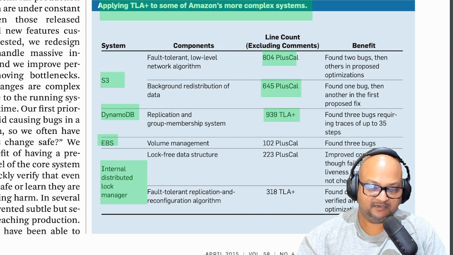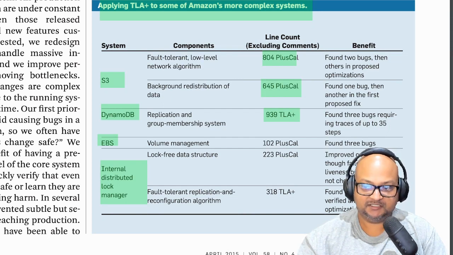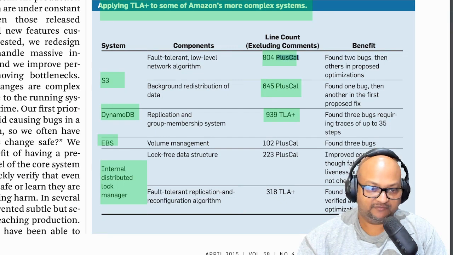Here we see a table of some of the systems that they have applied formal methods to. And PlusCal over here is simply a higher level language that is easier to understand, but it gets compiled down to TLA+.